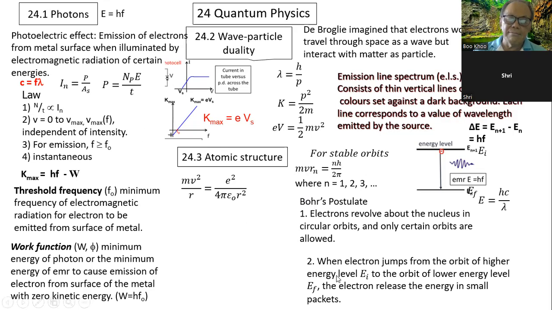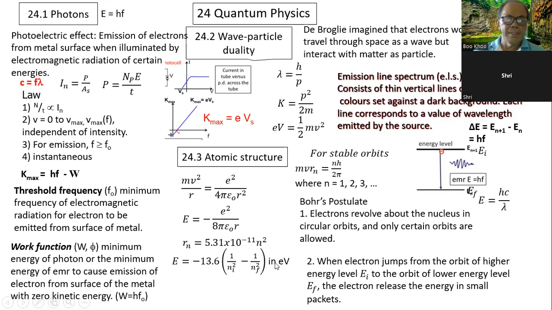And the second, know the total energy of the electron in the orbit. I can put an n there if you want to. And r n equals this one, and memorize it. And energy between two levels. This one is in electron volts.